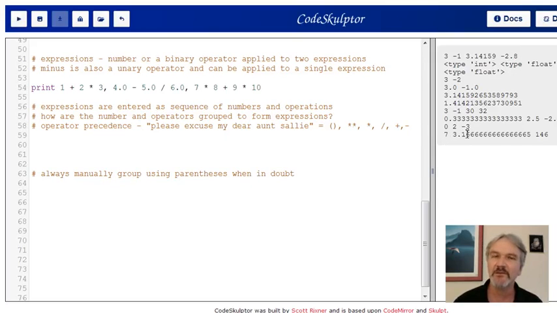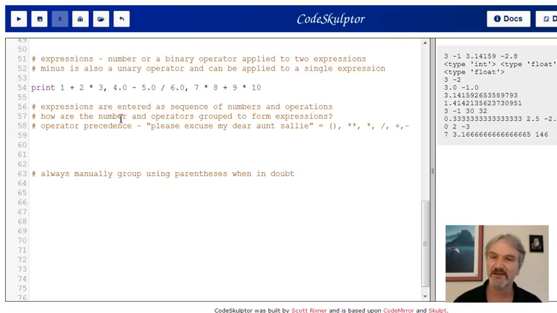Now, you might say, well, how did I go from this definition, where an arithmetic expression is combined with operators, to this flat expression that I just typed in? I mean, I typed in 1 plus 2 times 3. So somehow Python knew that this was really 1 plus, then 2 times 3.